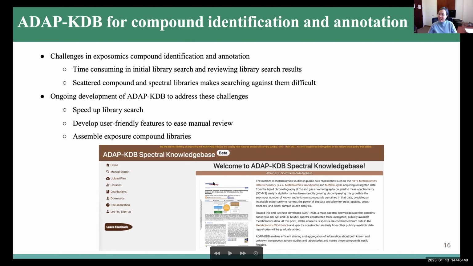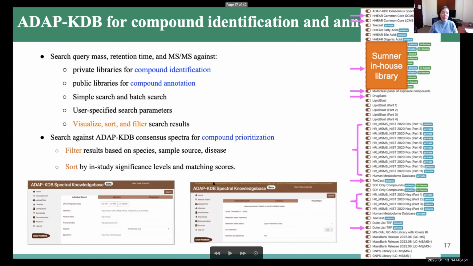Here I'm showing the landing page of ADP KDB. Within ADP KDB, you can build your own private user account. And if you trust us, you can put your own library under your private account to do compound identification. And you can also use ADP KDB to search against public libraries for compound annotation.